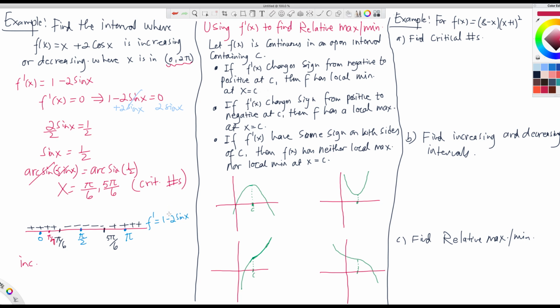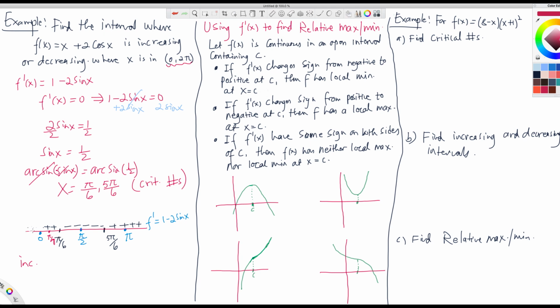If you put here 1 minus 2 sine pi over 7, how much do you get? Let me try that value. 1 minus 2 times sine pi over 7. I got 0.13, positive 0.13. So it is still positive, no worries about these positive signs there.